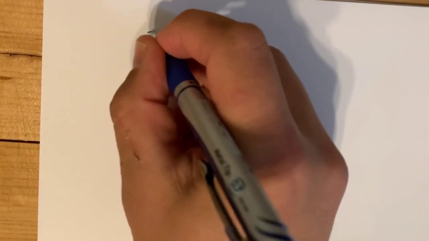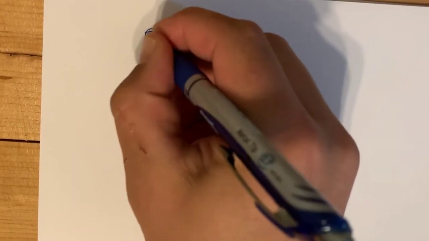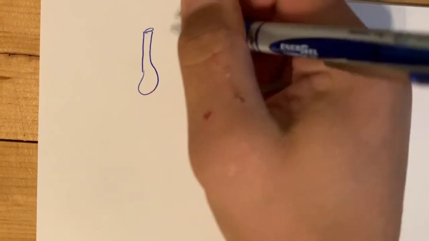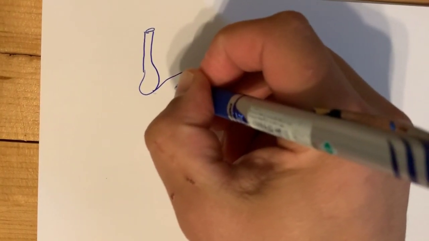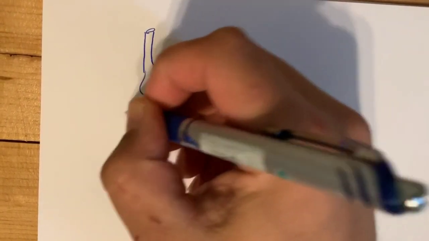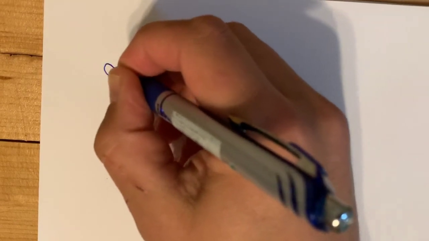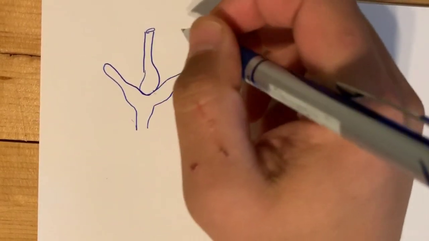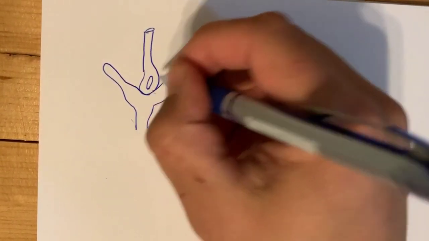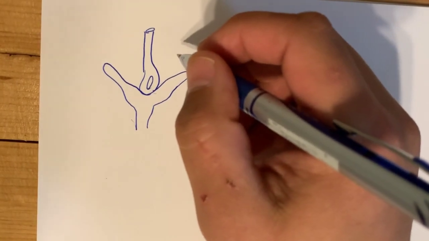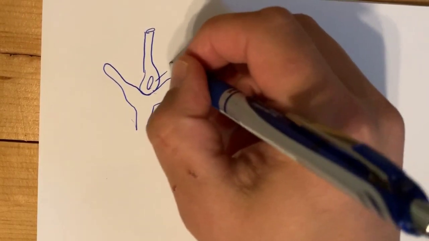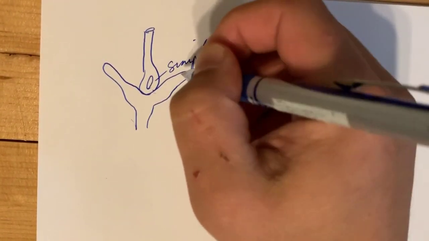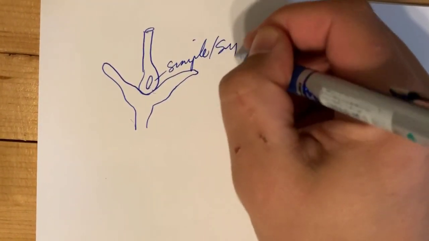So going back to our stigma style ovary, let me just kind of draw a flower that we'll recognize here. We've got this superior ovary, and the simple pistil. So this is simple, superior, we'll just write sup right up here.